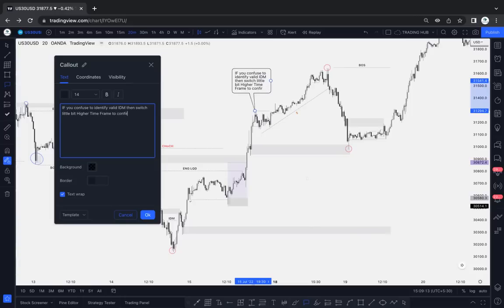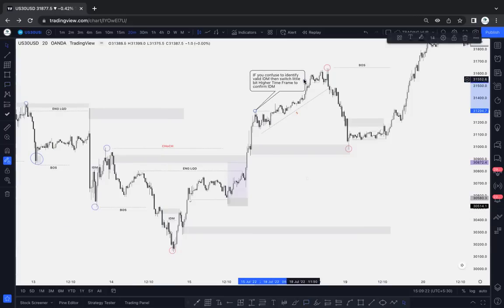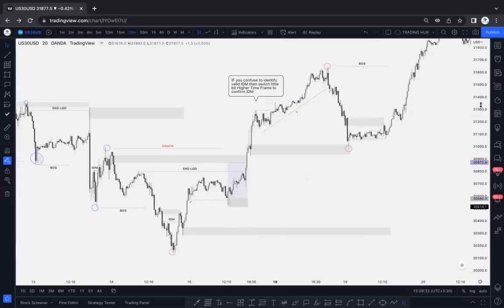Consider that I scalp during the day. So my priority is to understand the scenario, no?